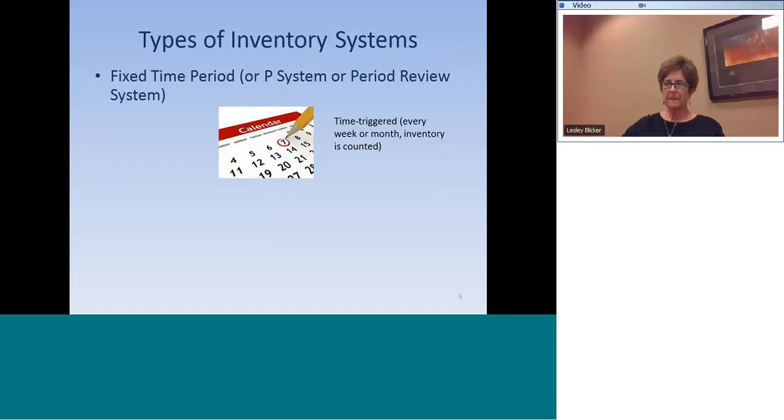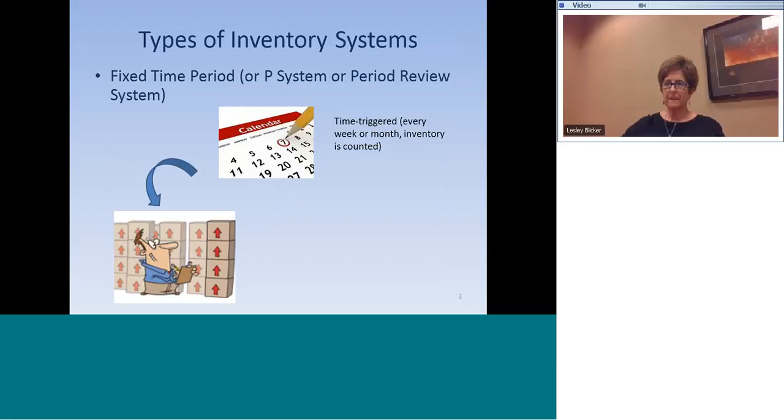Instead, we call this system time triggered, such that every week or every month at the same time, someone will go into the stock room and evaluate the amount of inventory on hand, and then they'll place an order depending on the result. The order might be small if the usage or withdrawals have been low, or it might be a larger order if the inventory has been significantly depleted.